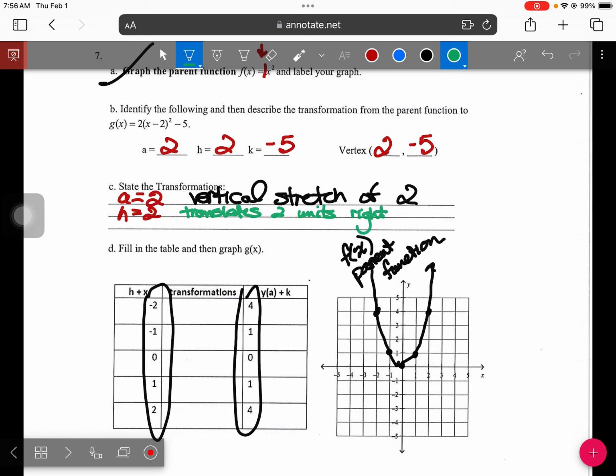And K is equal to negative 5, so I say translates 5 units down. Don't say negative 5; down tells you the direction. We don't want to say negative 5 down. That's almost like a double negative.